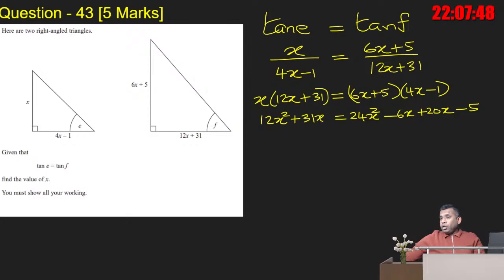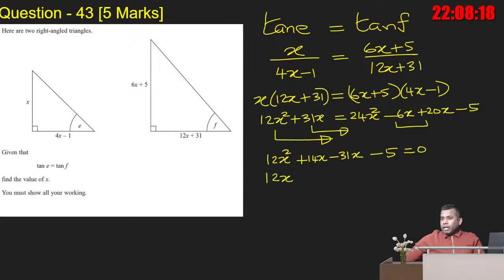So bring everything to one side, collecting like terms. 12x squared going to the other side becomes minus, 31x goes to the other side minus. So 24 take away 12 is 12x squared, and minus 6 plus 20 is plus 14x, minus 31x, and minus 5 equals 0. So 12x squared minus 17x minus 5 equals 0, right?